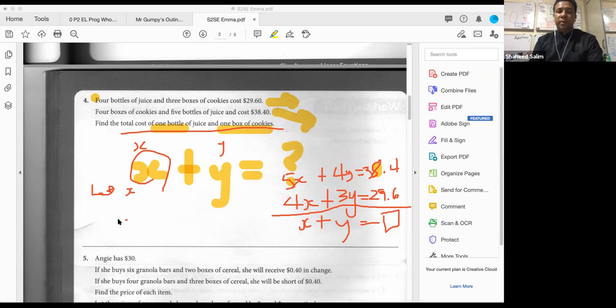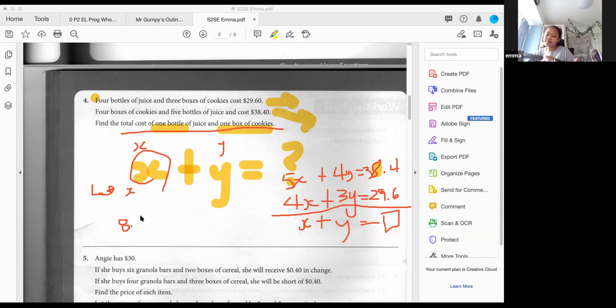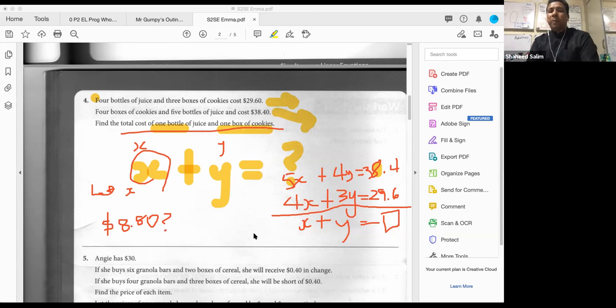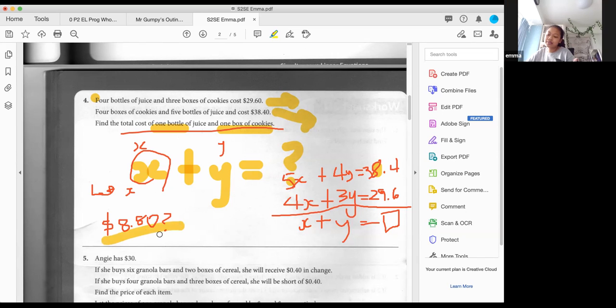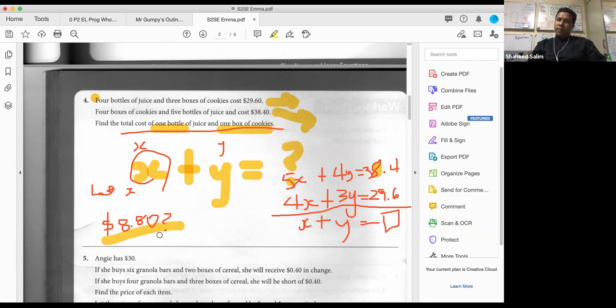You get 68.20. But do you plus or minus? Is 880, right?